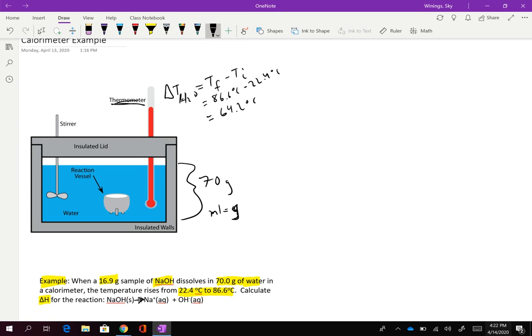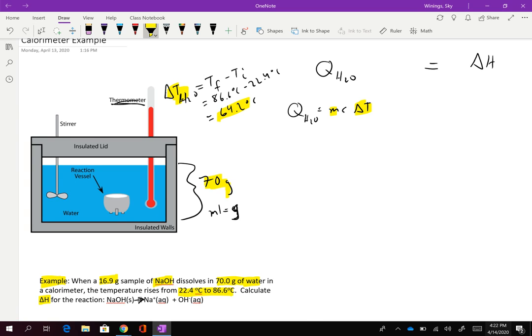I'm going to solve for my Q of water first, because I know in the end that it's going to be equal to my enthalpy, just with the opposite sign. So my Q of water equals MC delta T. I've got my delta T right here, and my mass right here.